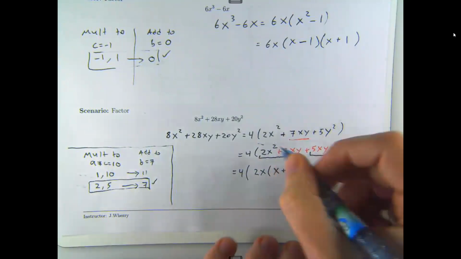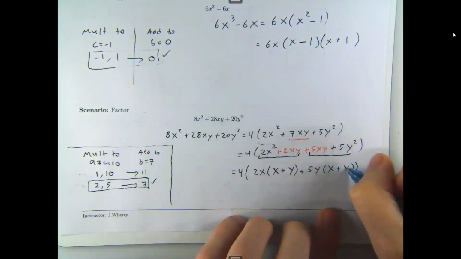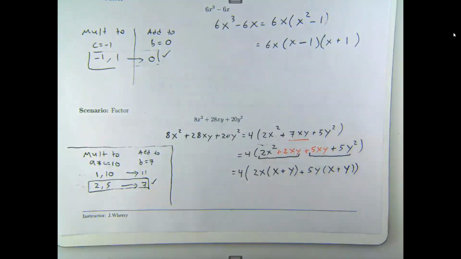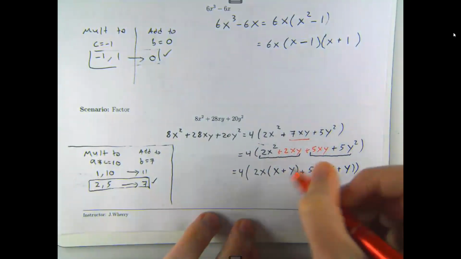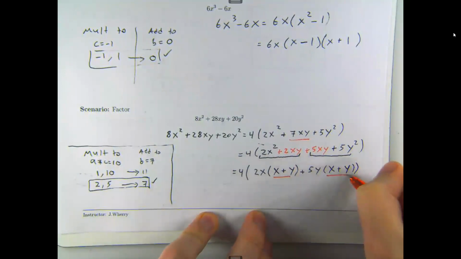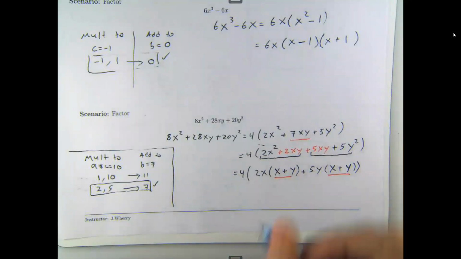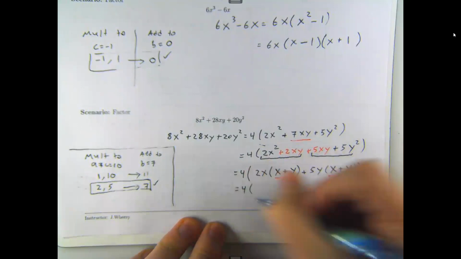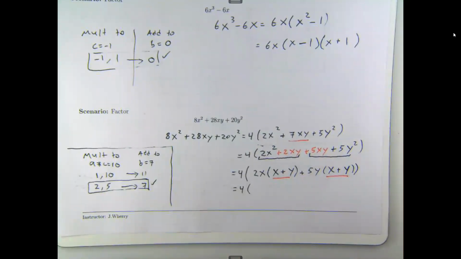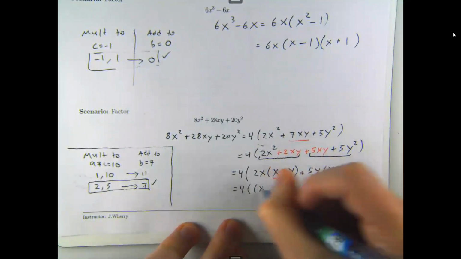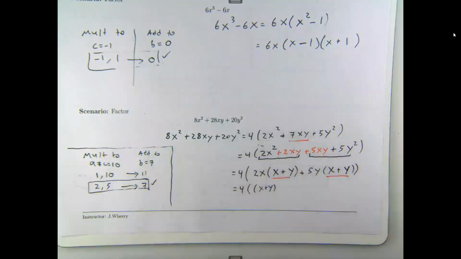So by doing this AC method and splitting it up, and then factoring by grouping, I have the same factor that's being shared. So I have 4, and I have this x plus y that's showing up for both those chunks.